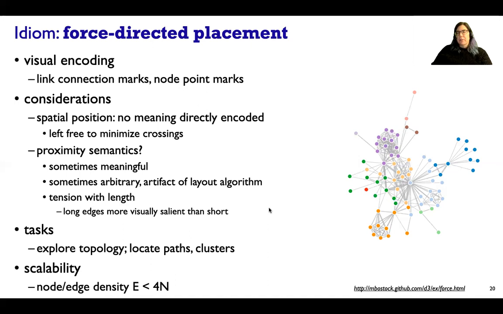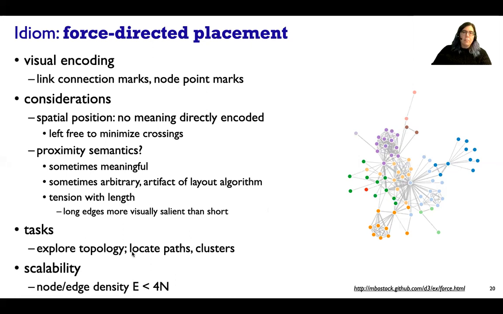So what about scale? Well, I mentioned on the previous slide that we typically wouldn't try to scale past 1,000 nodes with this kind of simple approach. But what's also important is the relationship between the number of edges and the number of nodes. Typically, if you've got a graph that's maybe 2 or 3 times edges versus nodes, sometimes we call these edges, sometimes we call them links.